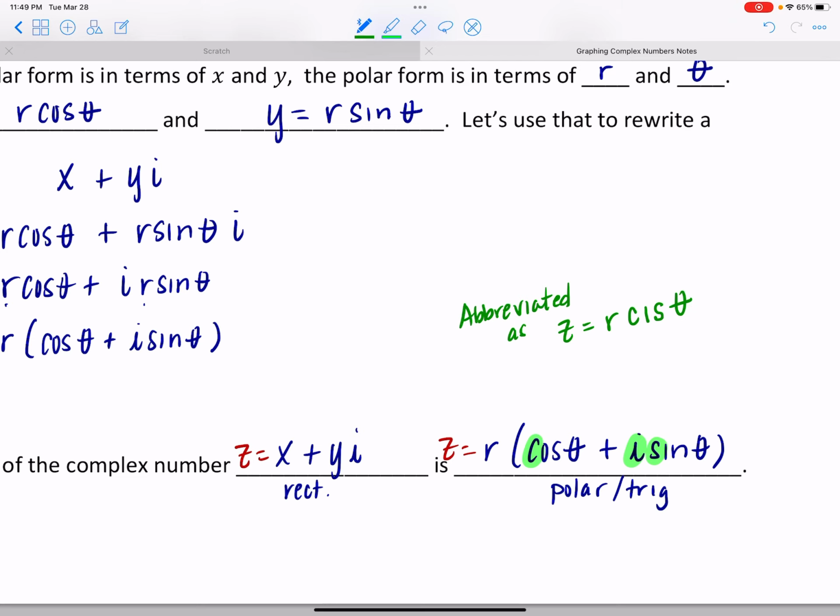So r cis theta when we're reading that, where again that's the cosine, the imaginary, and the sine of our theta. I really like this abbreviation because it's a lot less to write, but if it looks confusing to you, you absolutely don't have to use that. Either one of these would be perfectly acceptable.